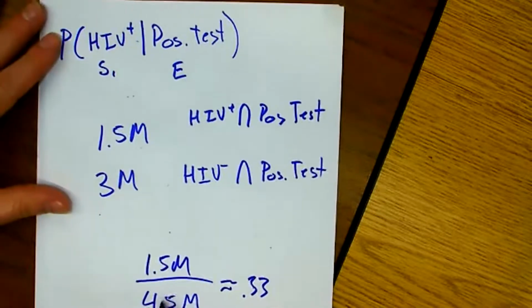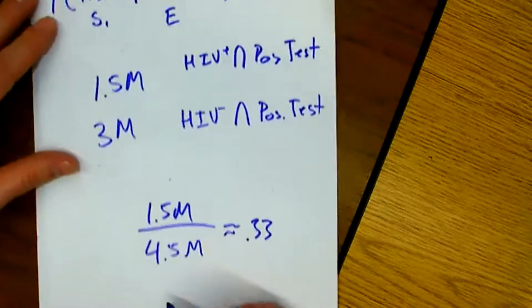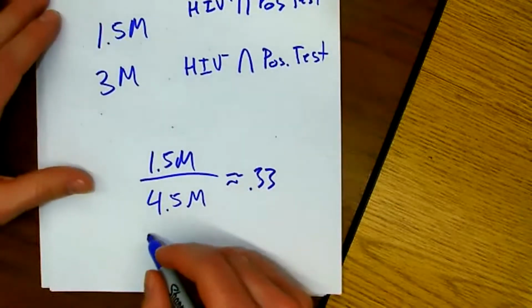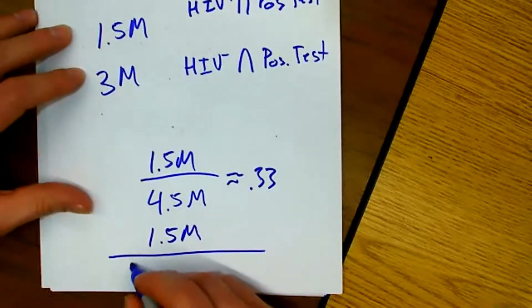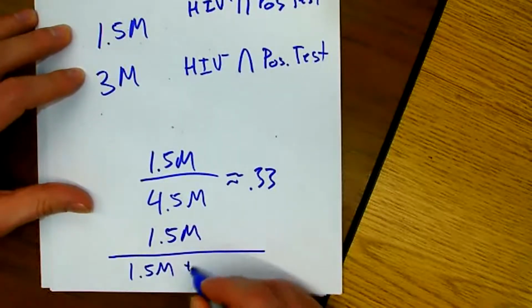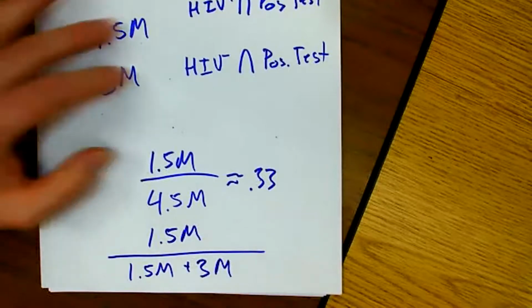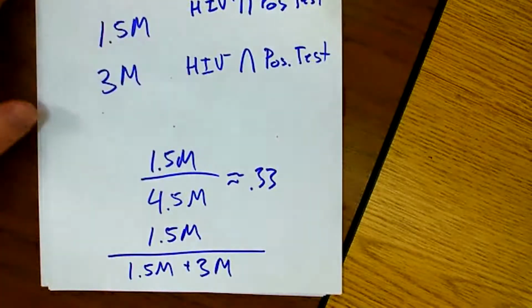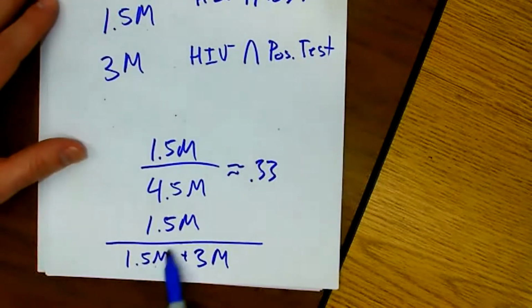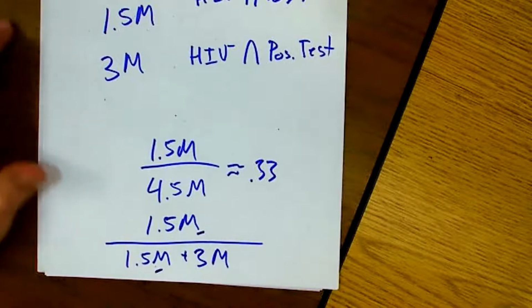And really what you're thinking about here is what was in this denominator? Sorry, it was 1.5 million. How did I get that 4.5 million? I just added up the two different types of people I could see: those who had a positive test result and had the disease, and those who had a positive test result and didn't. Notice that's really what we're doing with probabilities. Remember I said the first part of the denominator is always the same as the numerator, right?